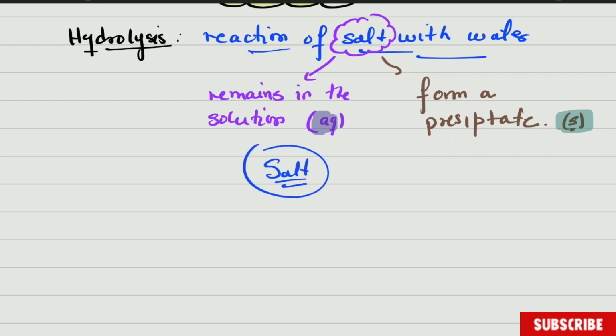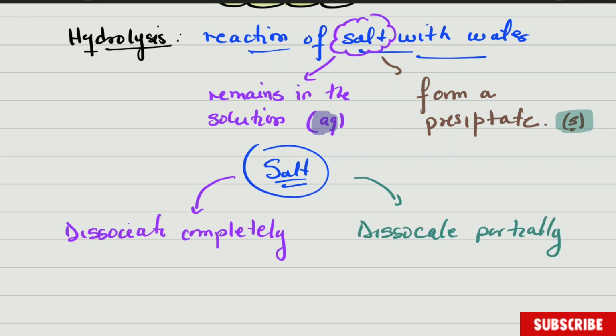That salt can dissociate completely or dissociate partially. It means that the salt is going to be broken into ions. Remember when we spoke about dissociation, for example, when we have a salt like sodium chloride, NaCl, it is going to dissociate. It's broken into Na+ and Cl-.